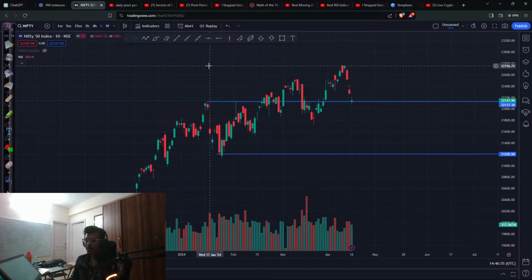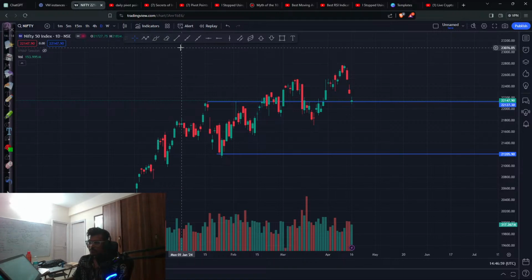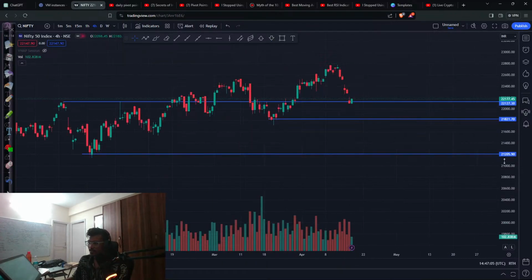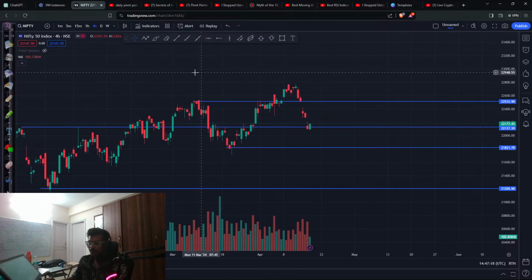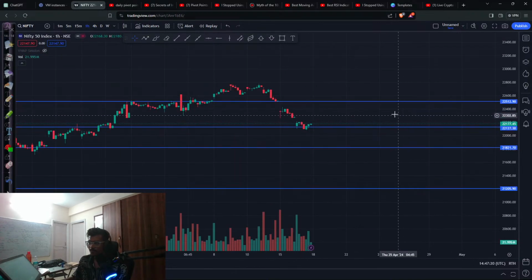Okay, now I go to the 4-hour time frame. I'm going to put some around here as well. Go to the 4-hour time frame, and you're seeing this up move around here. So on the 4-hour as well, and then 1 hour.